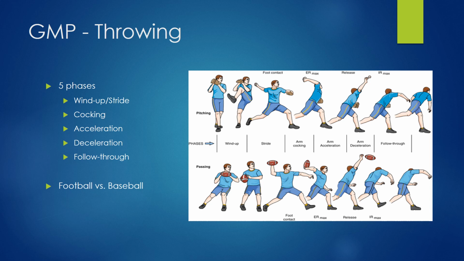So I want you to pay attention as the audience to see if you can see the 5 phases mentioned earlier, which again are wind-up / stride phase, the cocking phase, acceleration, deceleration, and follow-through within these videos. If you watch closely, you'll be able to see that the GMP, the basic core movement of throwing, is somewhat similar, but we'll break down into the parameters after that of what makes it different.